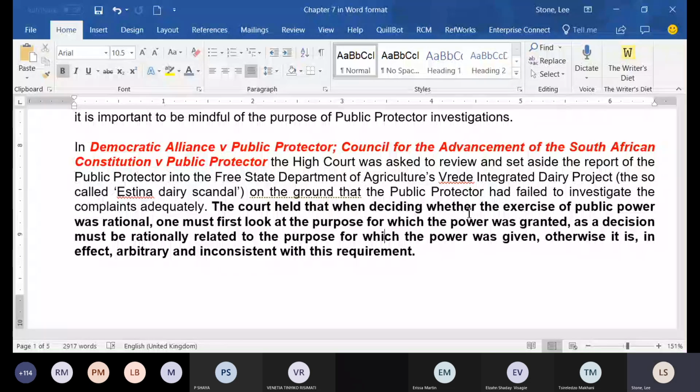And the response should hopefully be, yes, the decision is rational, and therefore it must immediately be complied with.